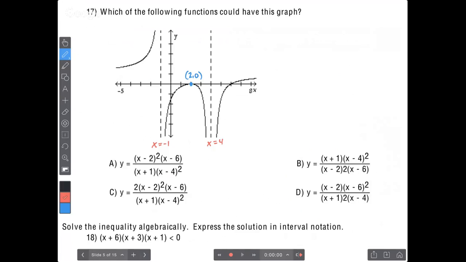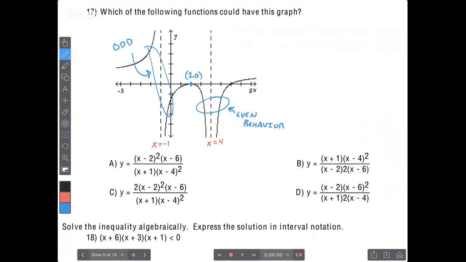I know that here, this is even behavior because it's keeping the same sign. And I know that here, that's odd multiplicity because it's changing signs. Okay, so just looking at that, I can say this one, I've got odd and even, odd and even, odd, odd, totally wrong.